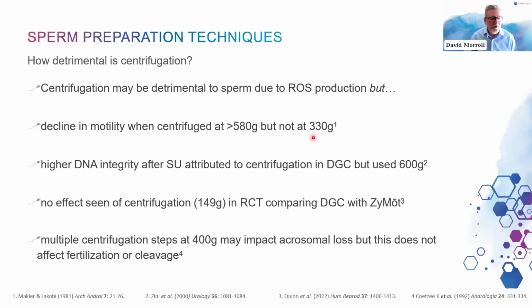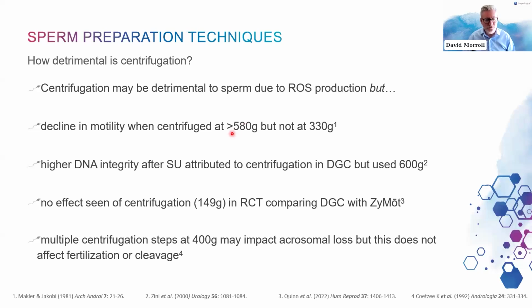We also know from the paper by Zinni and colleagues back in 2000, they attributed better DNA integrity after swim up to the centrifugation step that they used in density gradients, but they were using 600G. So this high level.